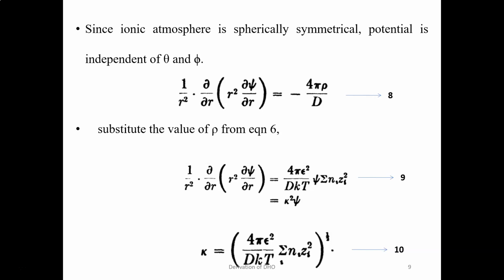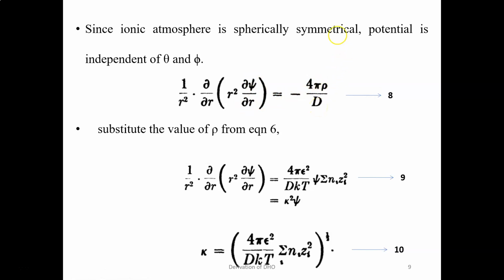The theta and phi describe the angles used for showing the orientation of that particular point. So in spherical coordinates, you will have the relation 1 by r square into dou by dou r multiplied by r square dou psi by dou r, that is equal to minus 4 pi rho by d.